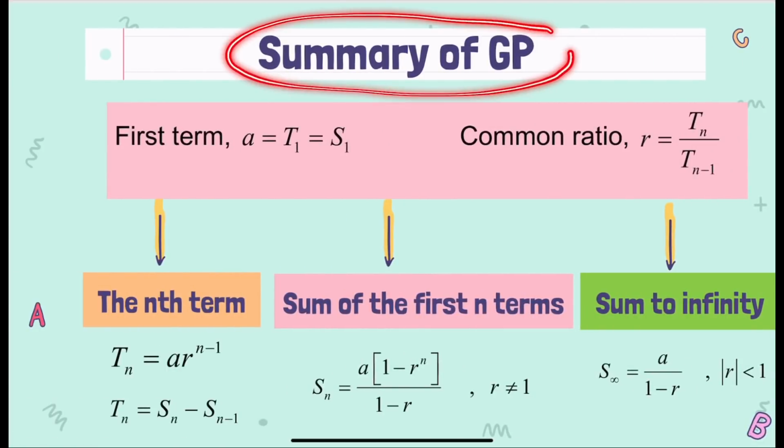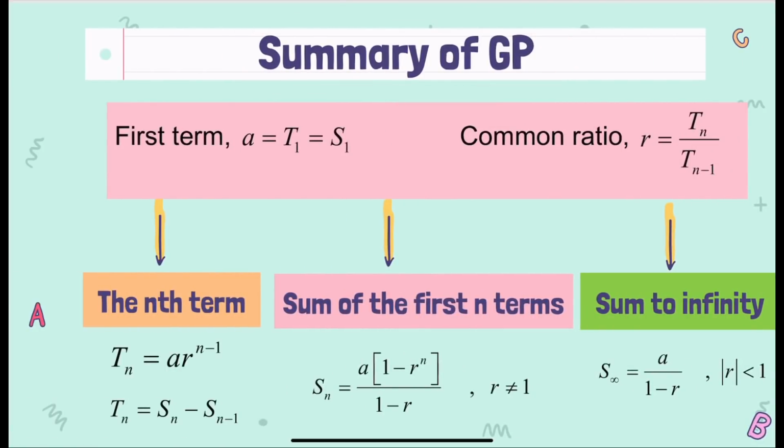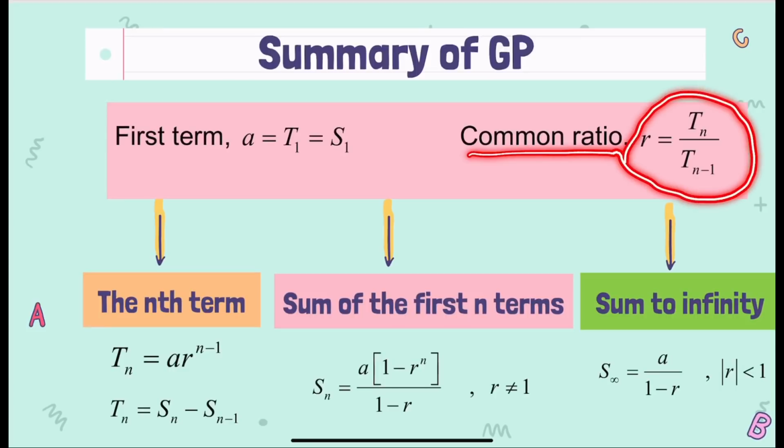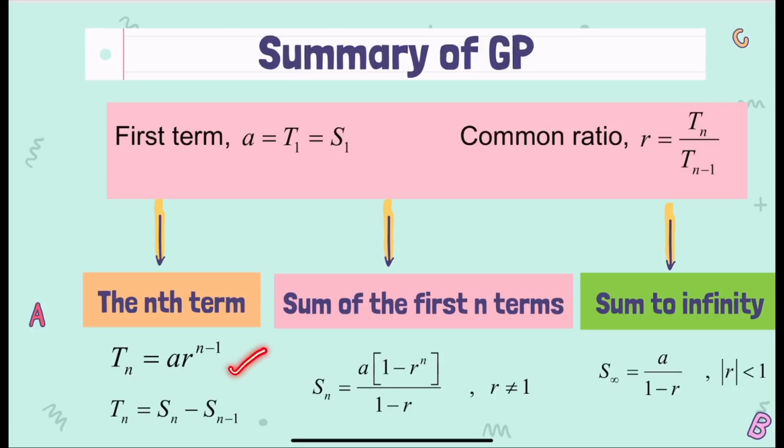As a summary, in geometric progression, a equals T1, which also equals S1. The common ratio r equals Tn over Tn minus 1. The nth term is Tn equals a r to the power of n minus 1, or Tn equals Sn minus Sn minus 1.